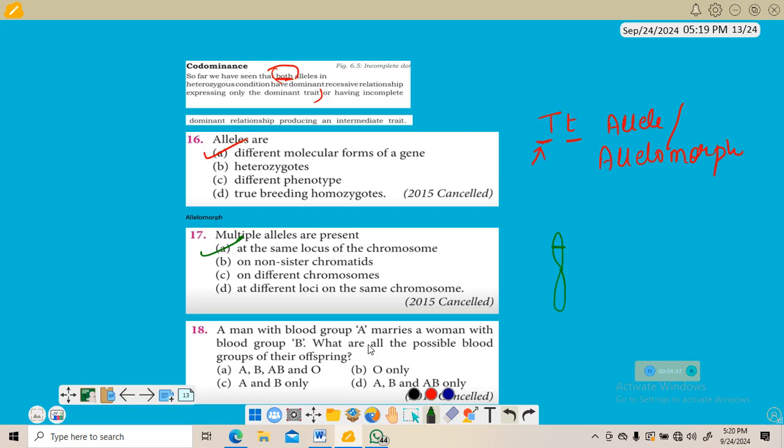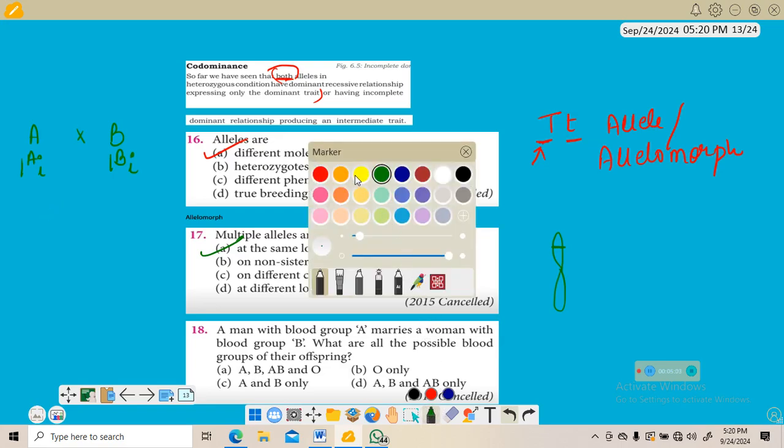coming to the next question. A man with blood group A marries a woman with blood group B. What are the possible blood groups of their offspring? So let's say for blood group A it will be like this, and for blood group B, first we'll write the genotype.